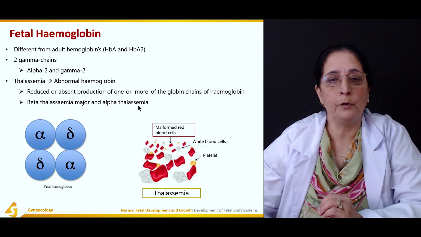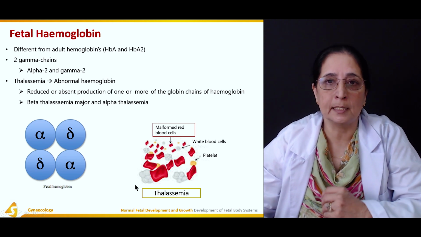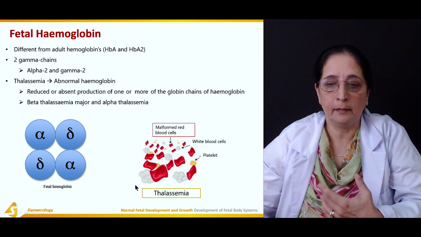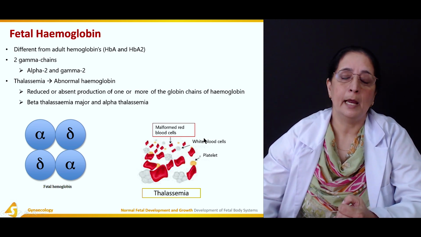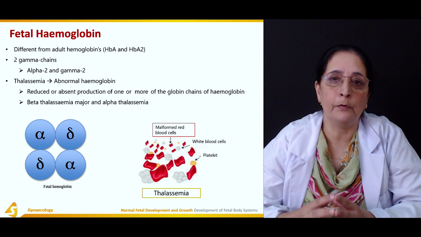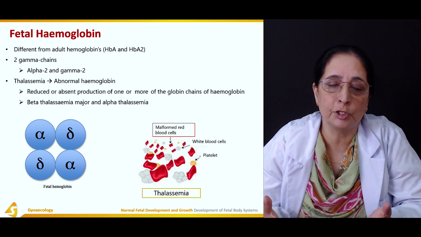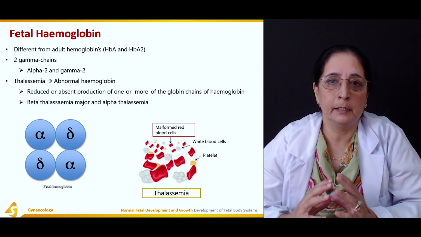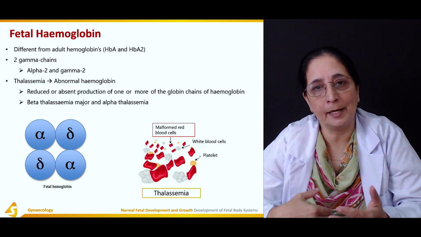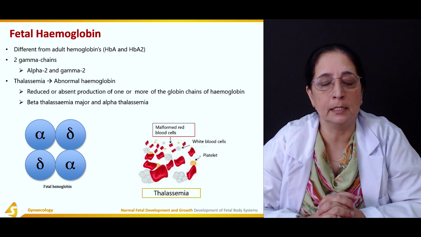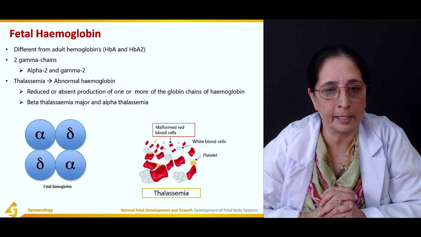This is abnormal hemoglobin, and it's a bad condition. Abnormal malformed red blood cells are present and are easily destroyed. There is anemia, pallor, shortness of breath, tachycardia, all these complications are present.